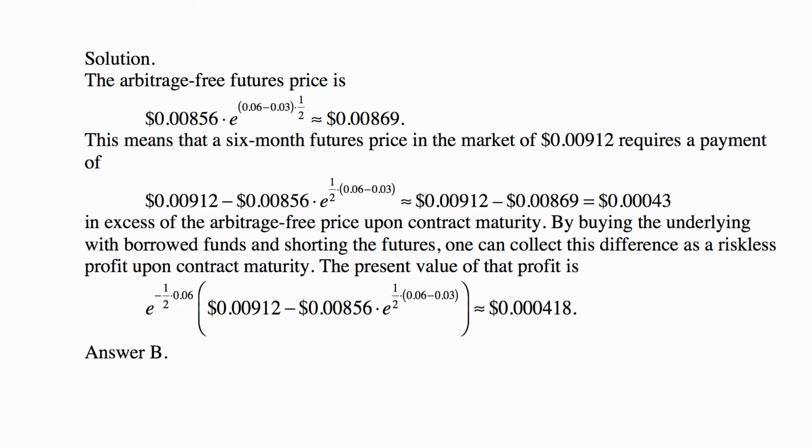And the present value of that profit is this discounted at 6% over half a year, continuously compounded. And we calculated that's 0.000418, and that's answer B.